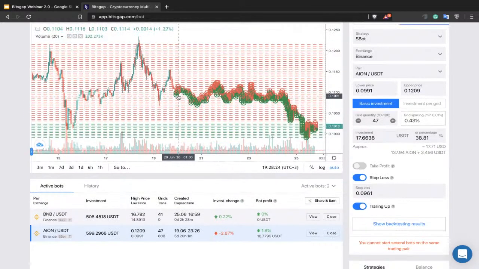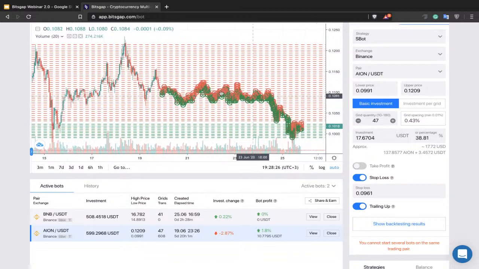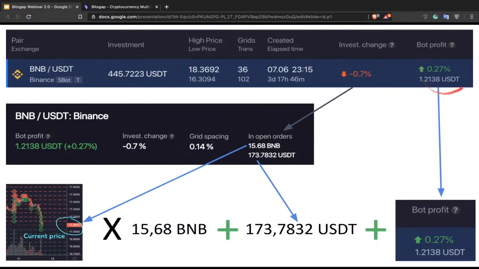Remember, I'm showing you from that point down to current price, that was minus 8%, but with automation, that's only minus 2.87%. That's what I was talking about here. The bot profit is used to offset the negative value change as the price of your base currency is negatively affected by the price depreciation, as in the example of my ION trade.